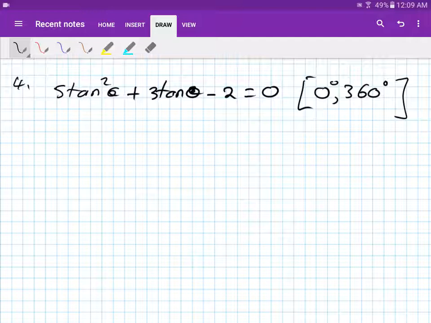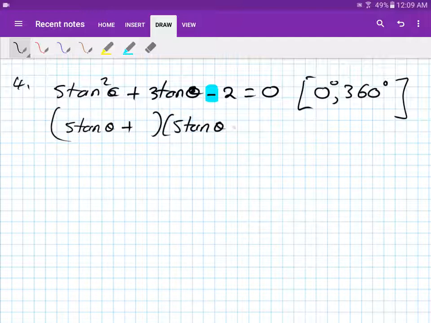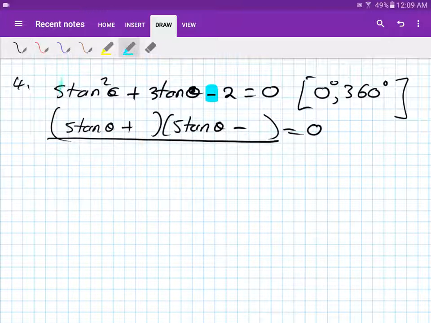Now, first of all, I want to find out what tan theta is. So in order to do this, I need to factorize. Now, remember how to factorize? So look, this is negative, so I'm going to put one plus and one minus, of course. Now because of 5 tan squared theta, I put 5 tan theta plus and 5 tan theta minus, equals 0, over 5, because the coefficient of tan squared is 5.